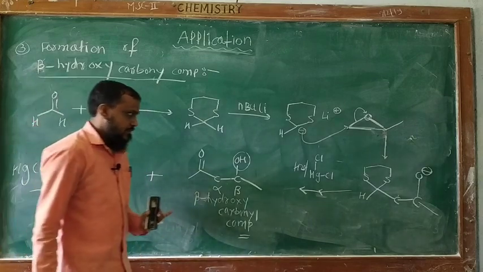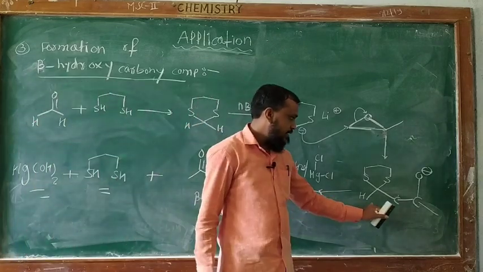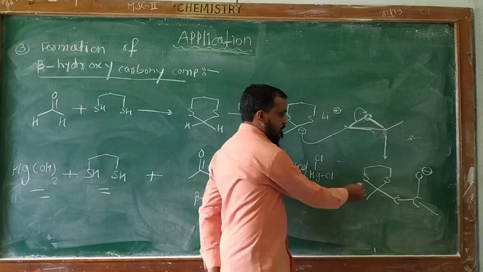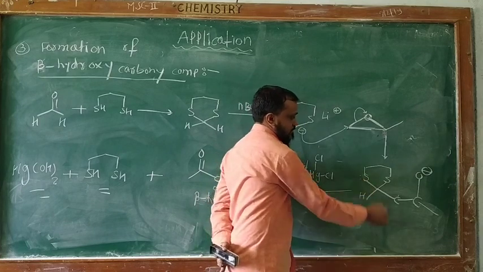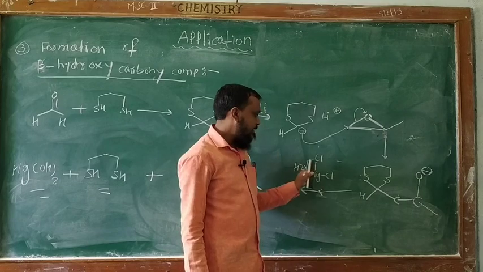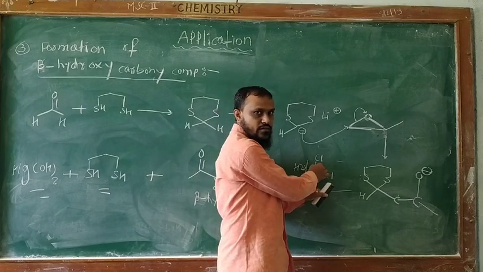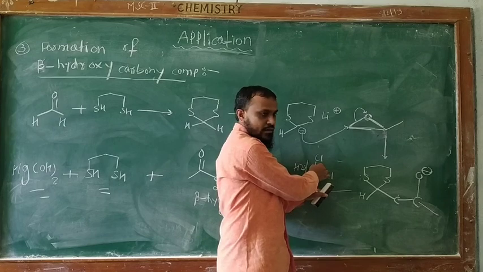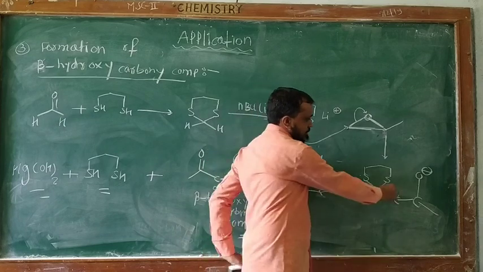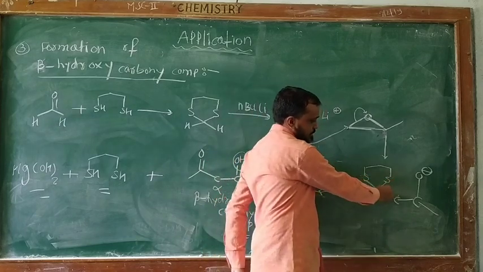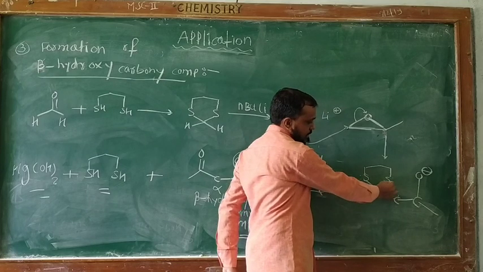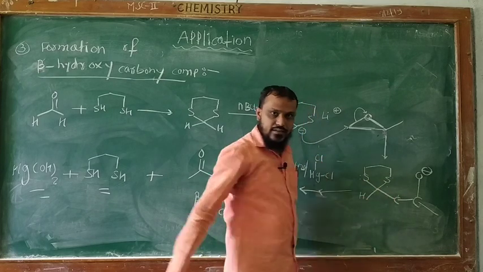Okay, firstly, what will happen here? The lone pair of sulfur attacks on Hg, so here Cl will be removed. Okay, after that this lone pair of sulfur shifts in between this carbon and this carbon, so here a pi bond will be generated.